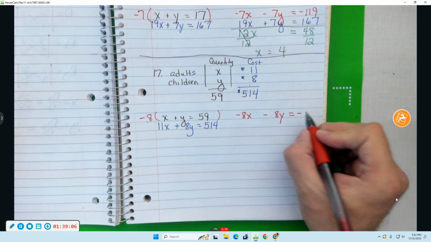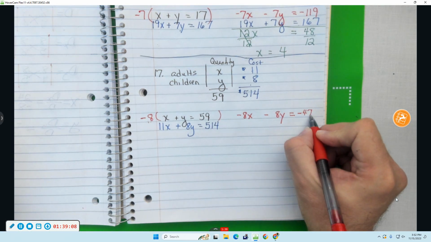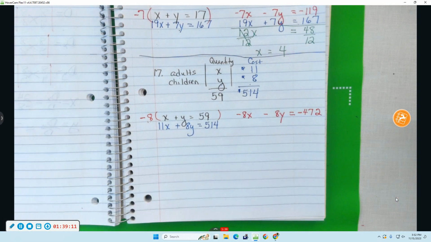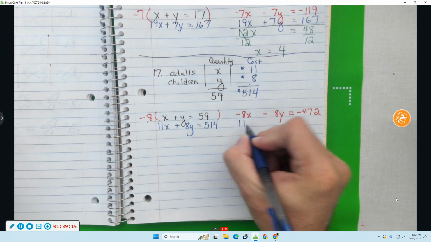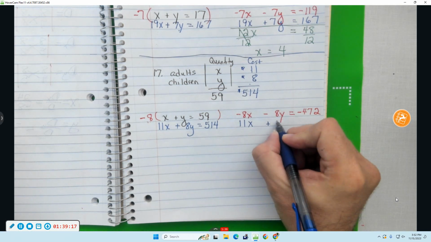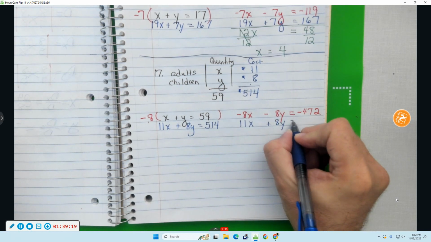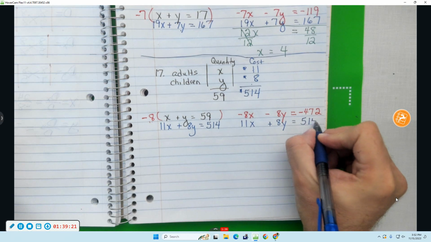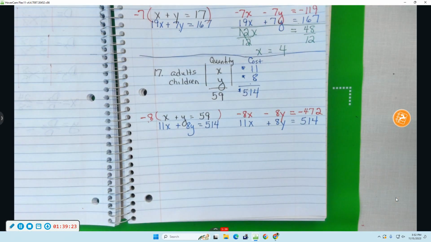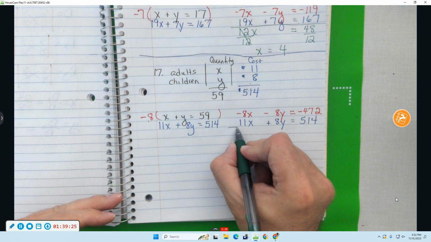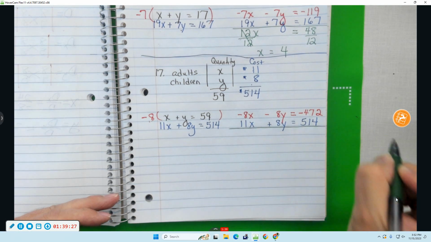So negative 472. If you have a calculator and doubt it, you can check it. And the second equation is 11x plus 8y is 514. Draw an equal line.